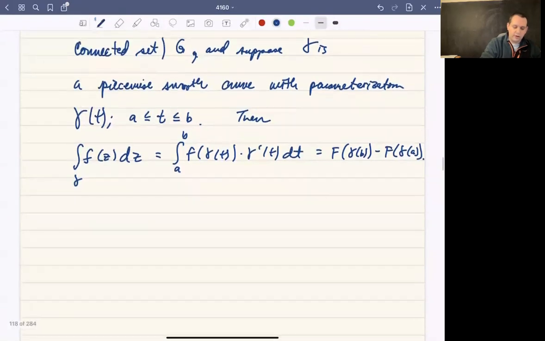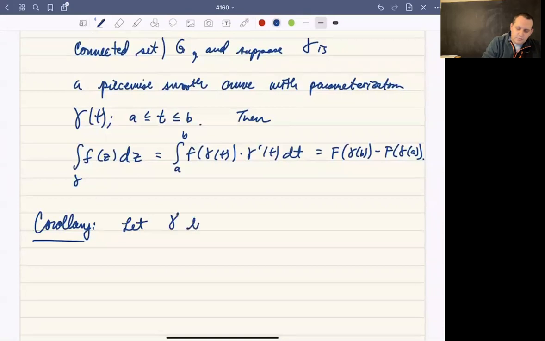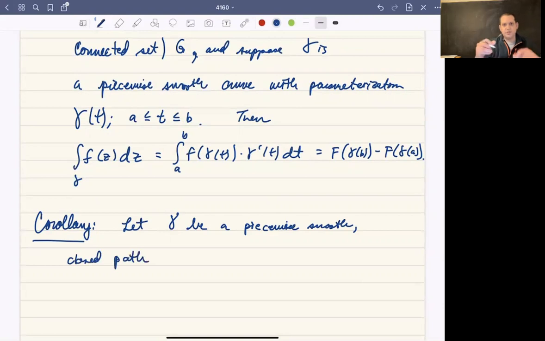But one important corollary before we leave. One important corollary here, and this is going to be huge, and this is going to come up again and again and again. Let gamma be a piecewise smooth closed path. Closed means that the curve is going to start and stop at the same point.